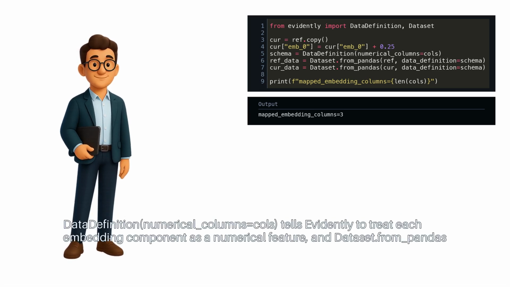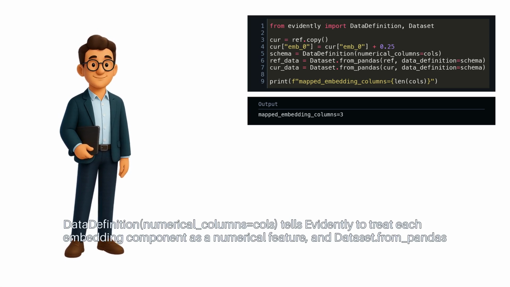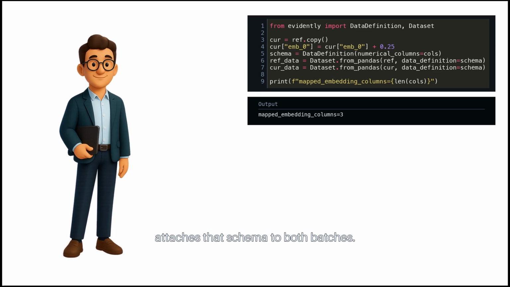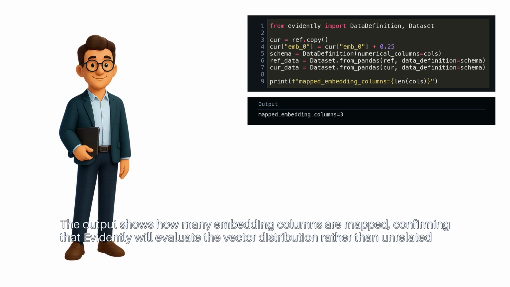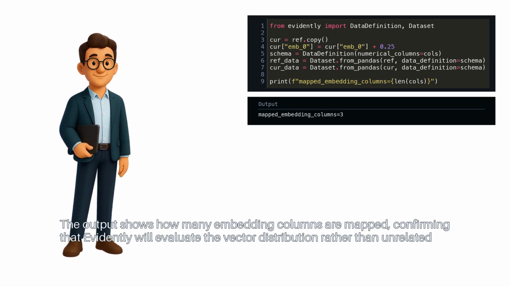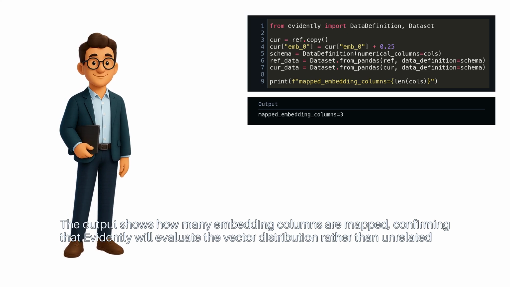Data definition, numerical columns equals cols, tells Evidently to treat each embedding component as a numerical feature, and Dataset.from_pandas attaches that schema to both batches.